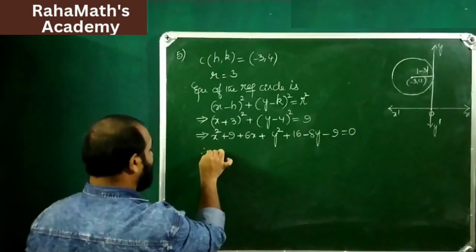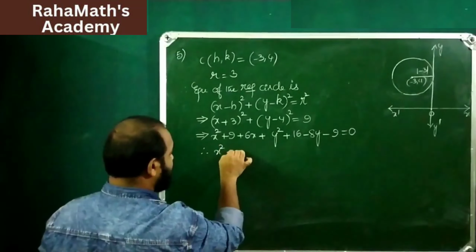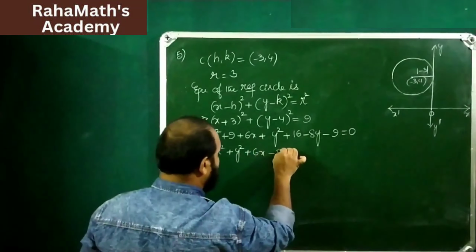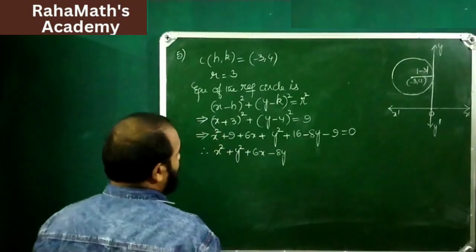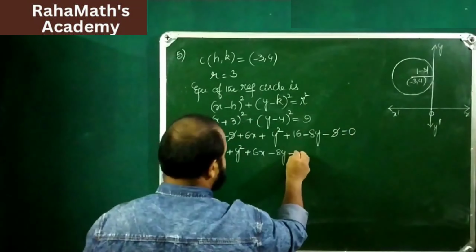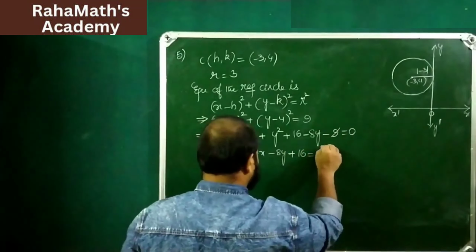Therefore, the equation of the required circle is x square plus y square plus 6x minus 8y. So this plus 9 and minus 9 gets cancelled. Plus 16 is equal to 0.